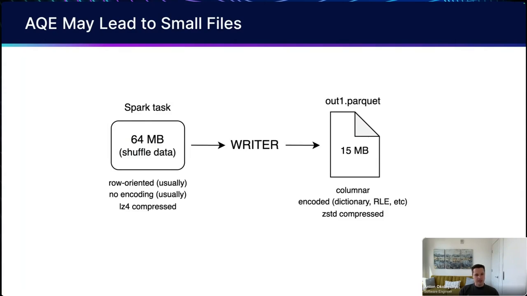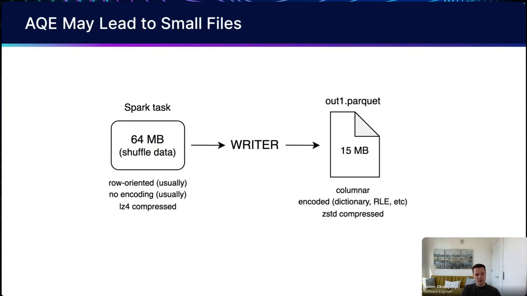And the reason for that is Spark processes 64 MB of the shuffle data in a single task. And that shuffle data is usually row-oriented without any encoding, maybe LZ4 compressed, maybe something else, but it's row-oriented.